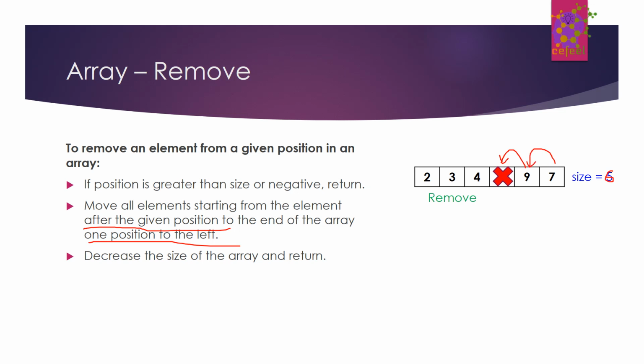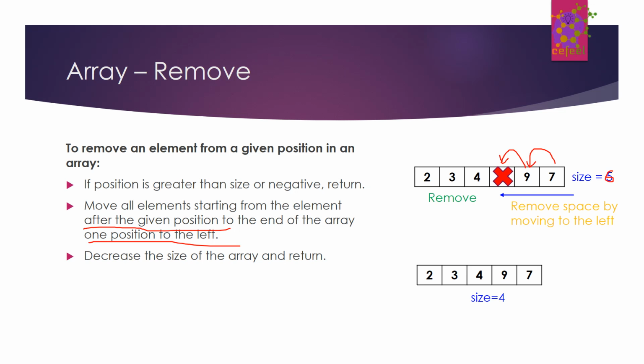And when we do that, there will be an extra space created here, and then we will delete it by reducing the size variable. So we can see here the size now becomes 5, it's not 4, it's a typo over here. So as we delete the element 1, 9 and 7 take its place, and then the extra space is now reduced.